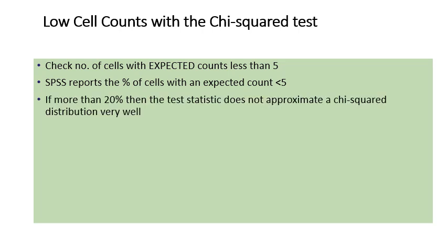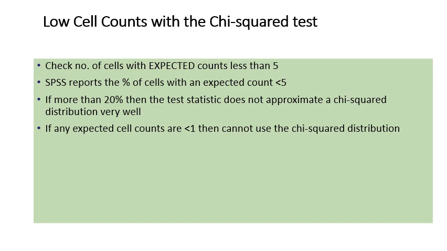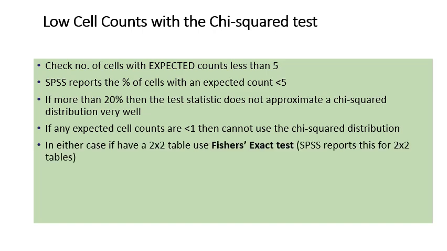If more than 20%, then the test statistic does not approximate a chi-square distribution very well. That's why it's going to use the Fisher's exact test. So in that case, when it runs the chi-squared, it's not showing the Fisher's exact test because of the premise that there is none which is having a low cell count.